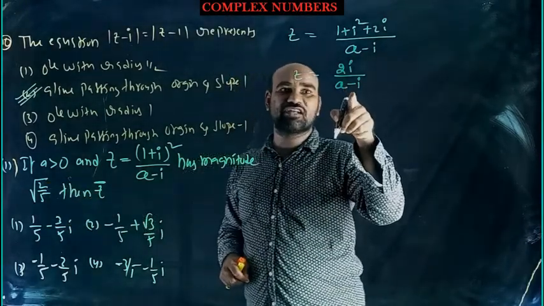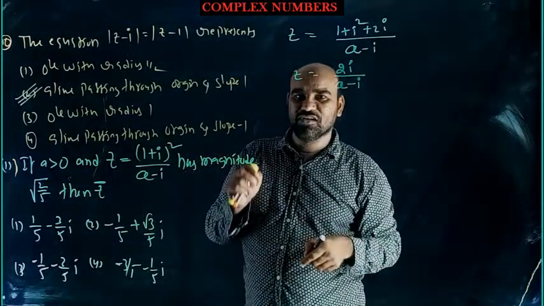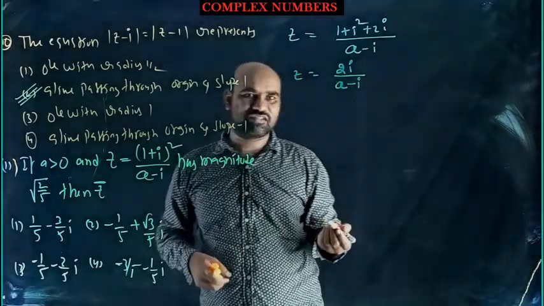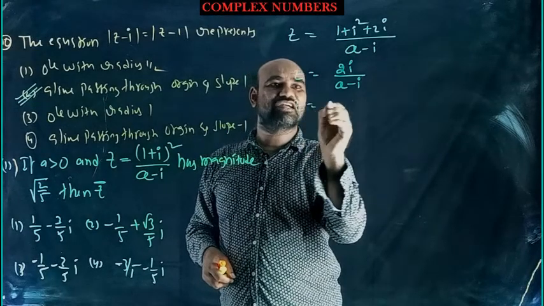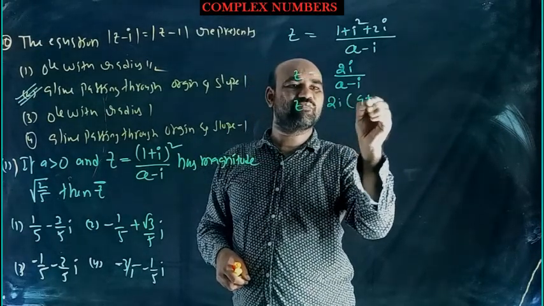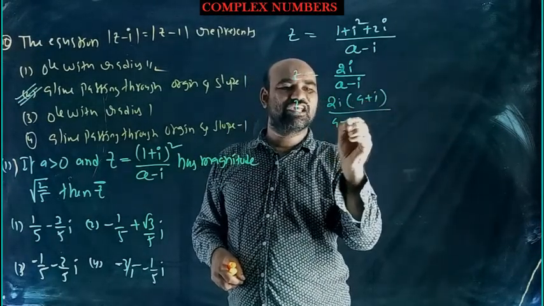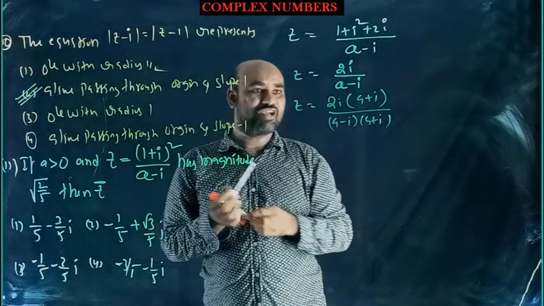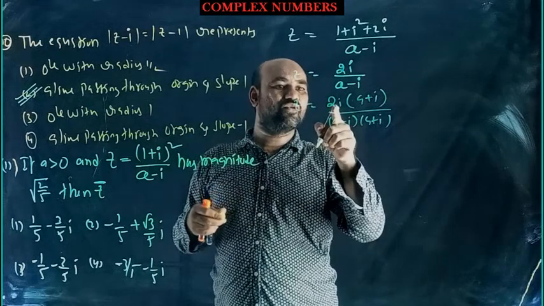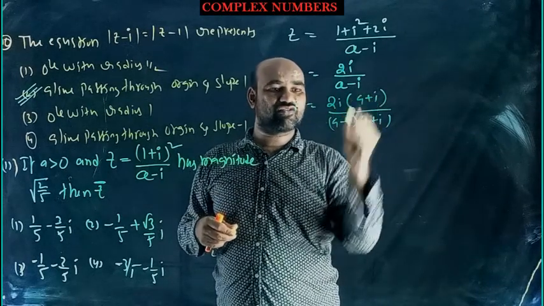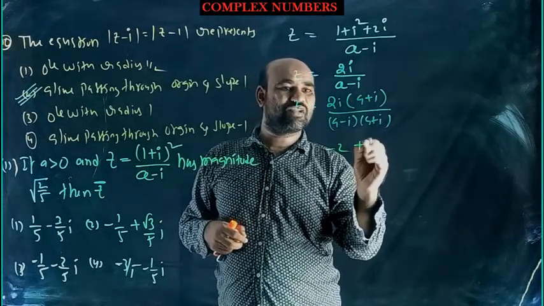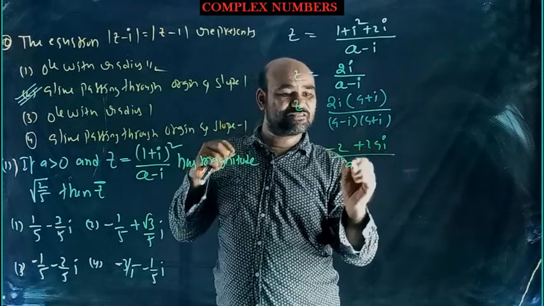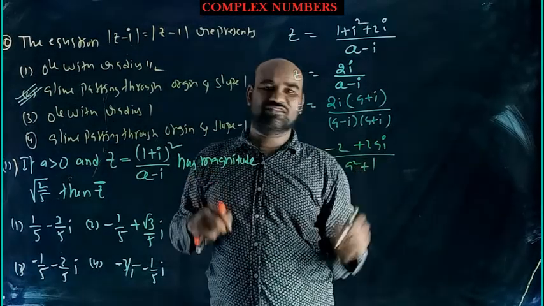To find its magnitude, first of all you want to convert it into the form a + ib or x + iy. Then you can find its magnitude. So z equals 2i(a + i) / ((a − i)(a + i)). Now multiplying, 2i into i is 2i², that is minus 2, plus 2ai, over a² − i², which means a² + 1.